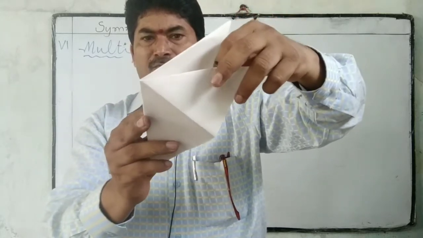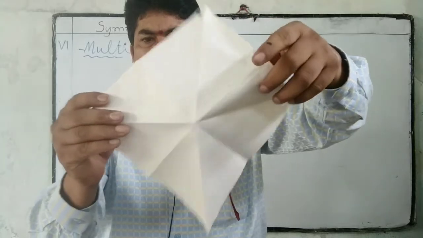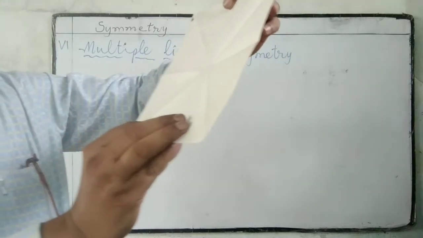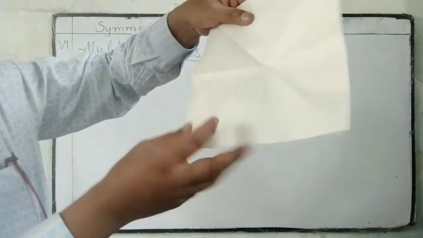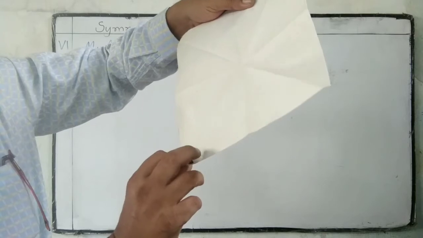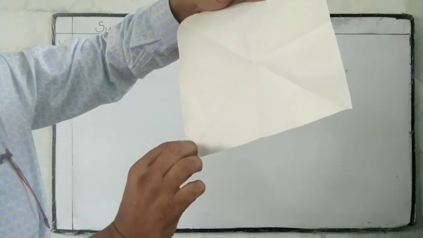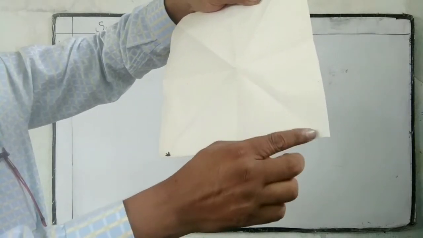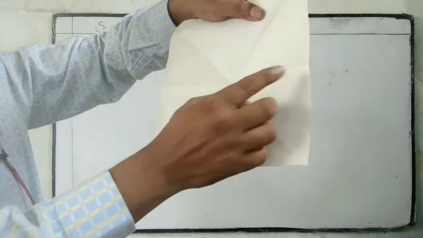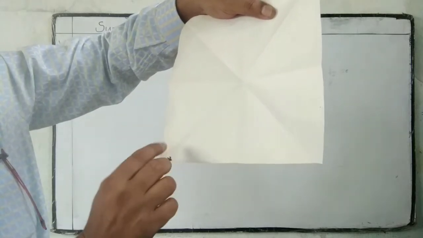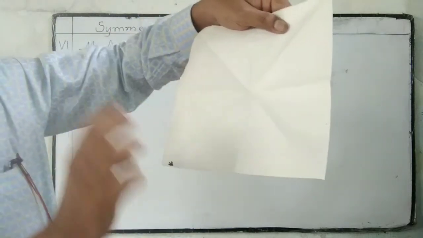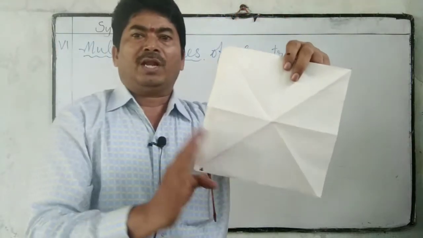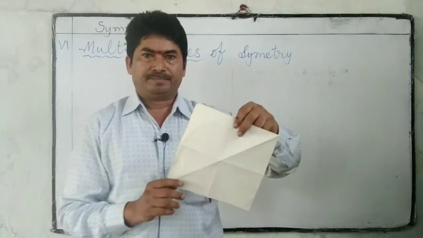If we unfold it, we will get these many lines of symmetry. This is one, diagonal, vertical, diagonal line of symmetry, horizontal line of symmetry. 1, 2, 3, 4. So a square has 4 lines of symmetry.